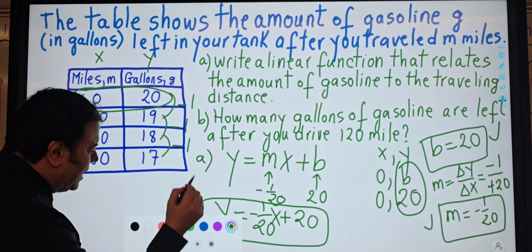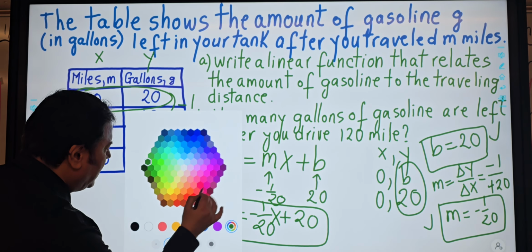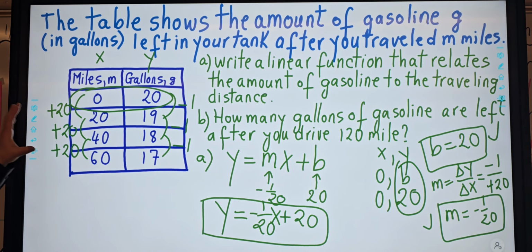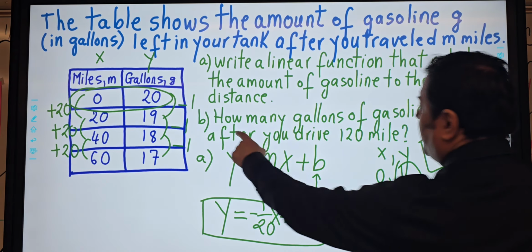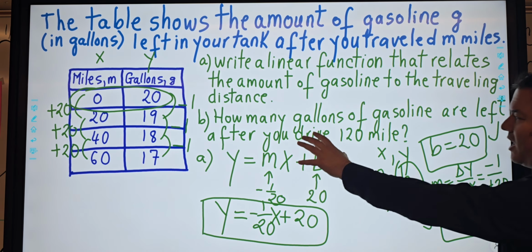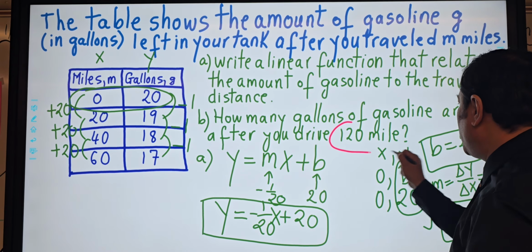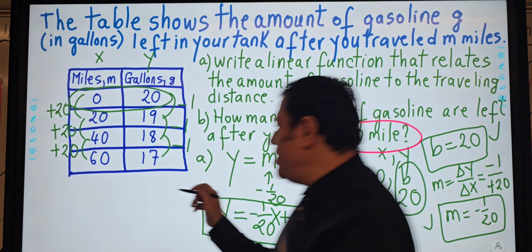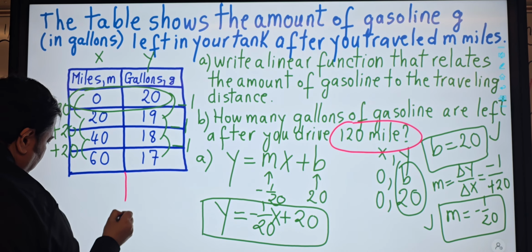And now let's try to solve. Let's try to look at a pattern here to see if we can find how many gallons of gasoline are left after you traveled 120 miles, right? So now we are going to continue with the table.